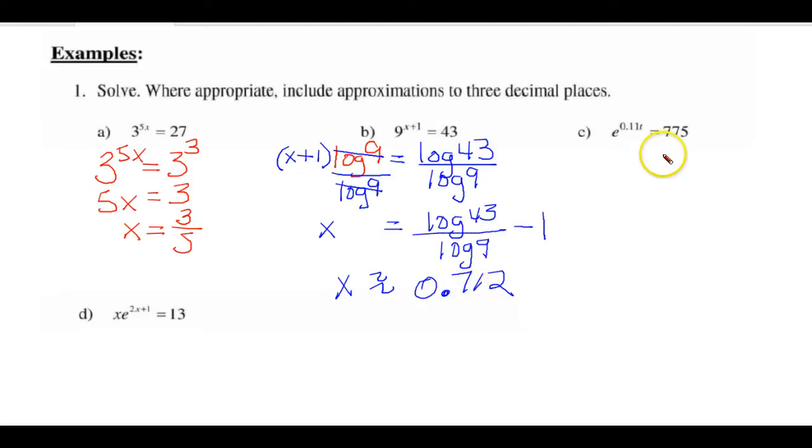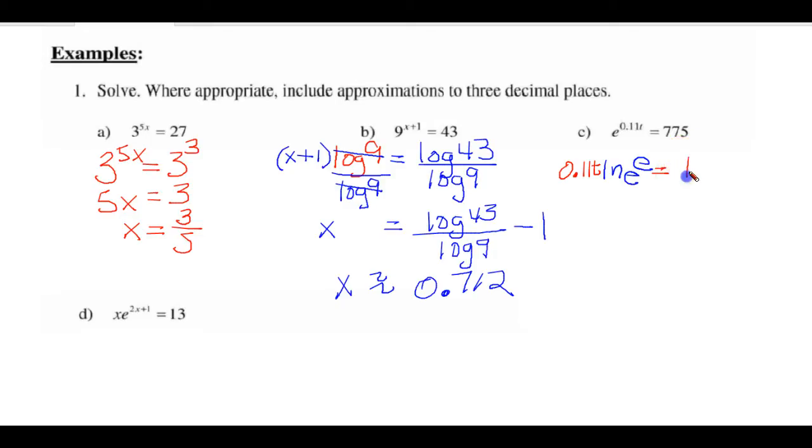All right, now this one, again, we're going to convert it to its natural log. So natural log, and I'm going to put the base e there, of e. Now we take this part and put it in front. This is going to be 0.11 t, and there's enough of a difference here to make that clear.